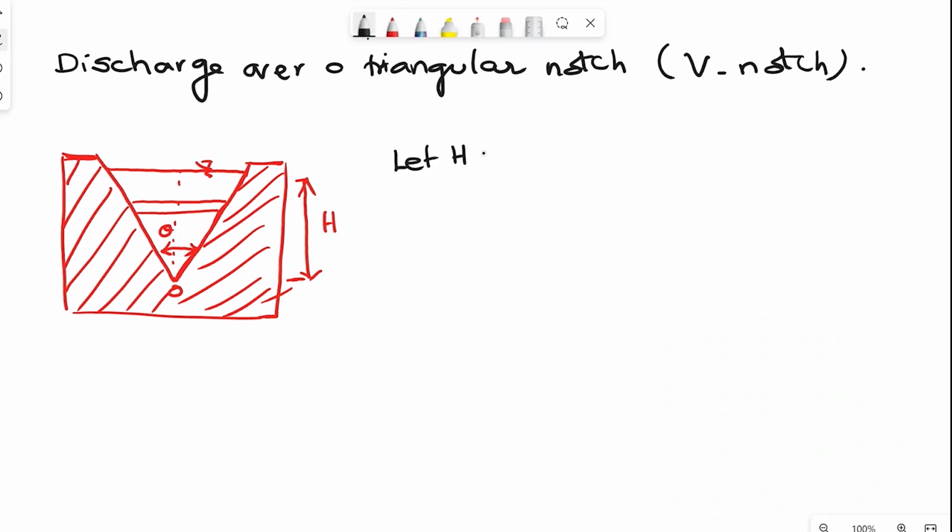So for example, let H be the head above the vertex, right? Then theta is the angle of the notch.